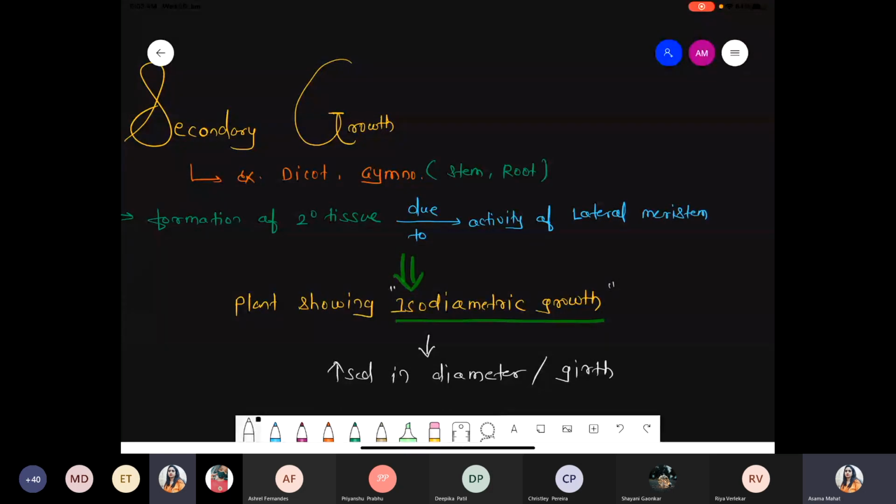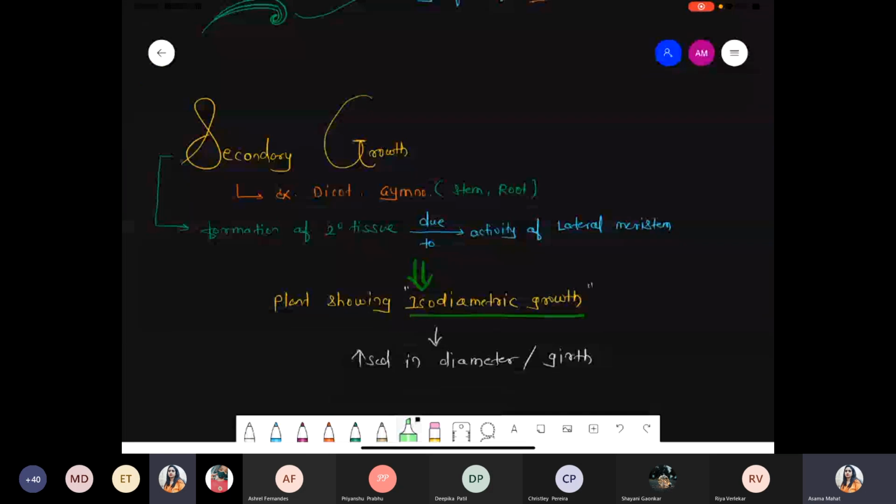So here secondary xylem, secondary phloem, cork cambium, vascular cambium and bark cells will develop. All wood formation and these scenarios are with respect to the growth of the lateral meristem. So from this point of view, we'll discuss how the plant shows its growth pattern, how the diameter will be increased, how the girth will be increased.